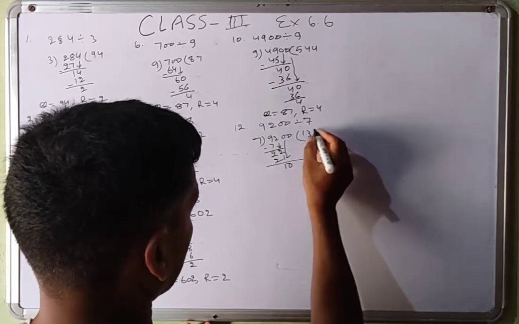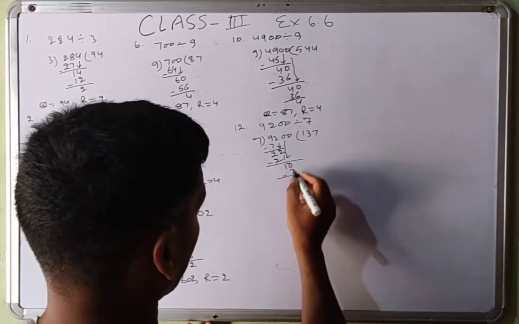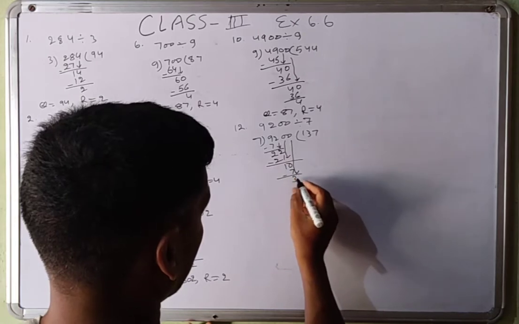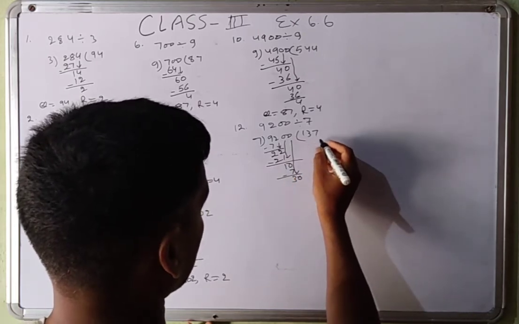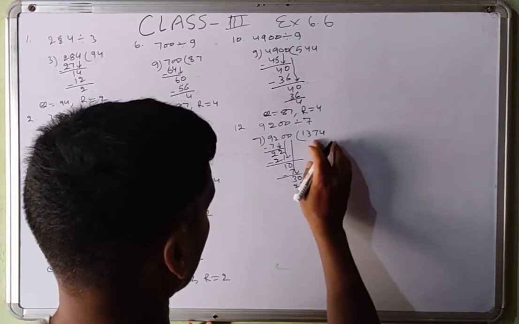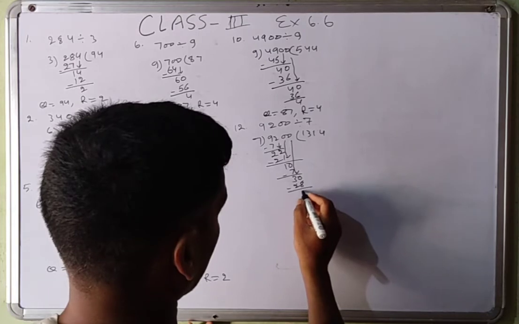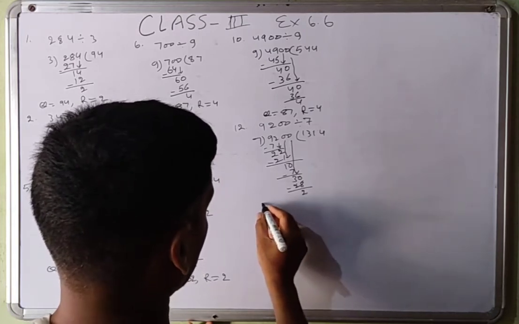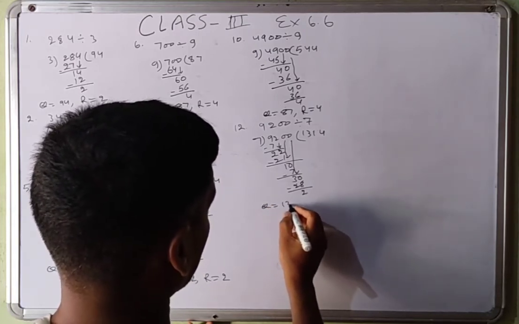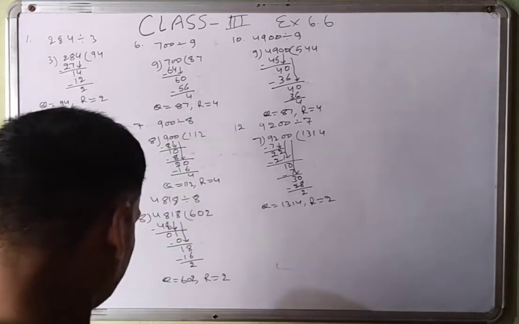That 1, 0, 7 ones are 7, that 3. Then 0, 7 fours are 28. Sorry, 7 ones, there is 1. Then 2. So the quotient is equal to 1314. The remainder is equal to 2.